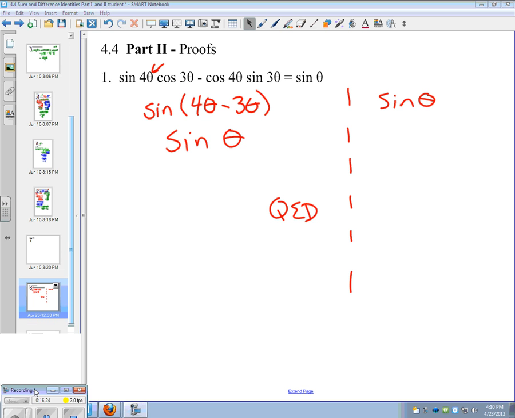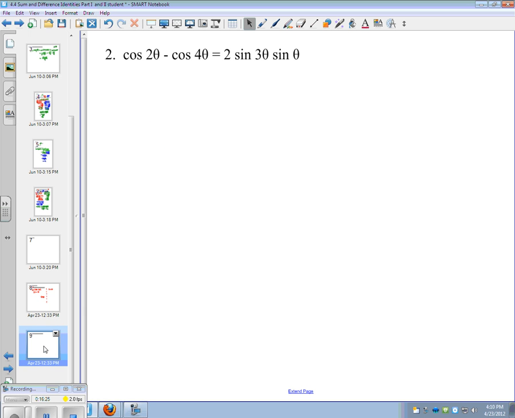Okay, one more. I have cos 2 theta minus cos 4 theta, and I have to show that that is equal to 2 sine 3 theta sine theta. Okay, so I'm going to work this way to try and make it to be 2 sine 3 theta sine theta.